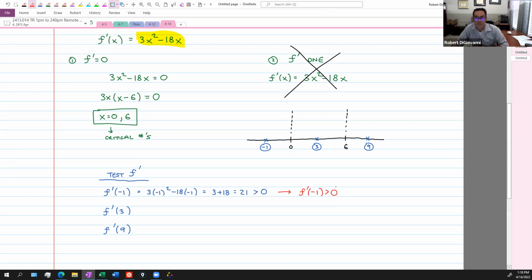A derivative greater than 0 means that over here to the left of 0, what should my original function be doing? If my derivative is positive, what's my original function doing over here? It's increasing. So this tells me that the original function, not f prime, the original function, is increasing over here.